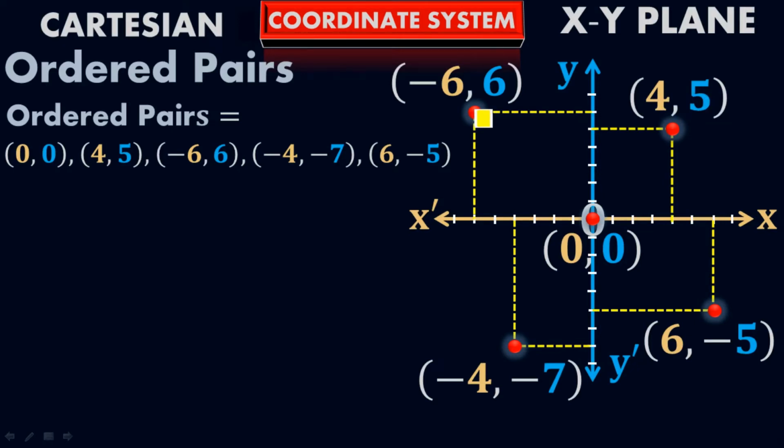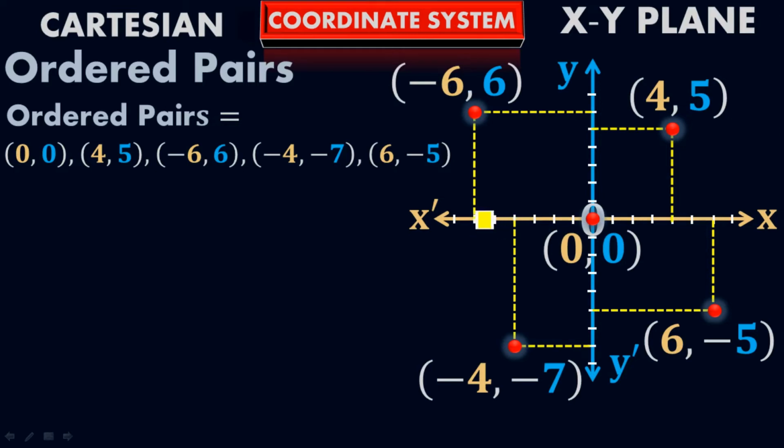Now in this point, we have negative 6 along the x-axis and positive 6 along the y-axis. It comes inside the second quadrant. In the second quadrant, the x values are negative and the y values are positive. So we have negative 6 along the x-axis: negative 1, negative 2, negative 3, negative 4, negative 5, negative 6.